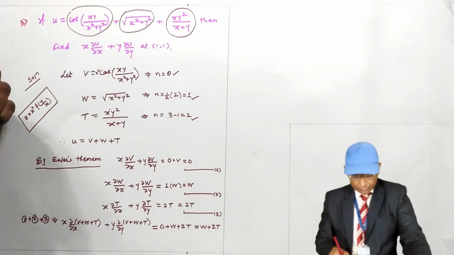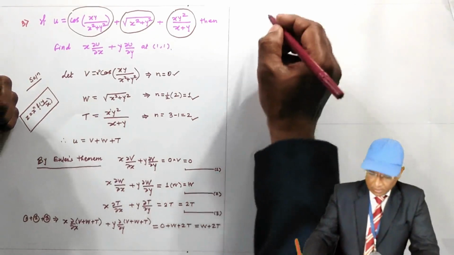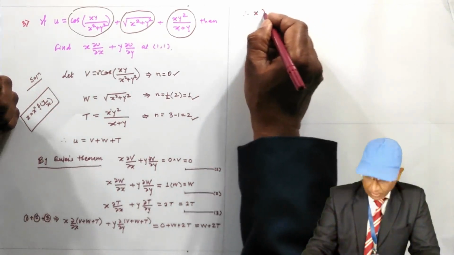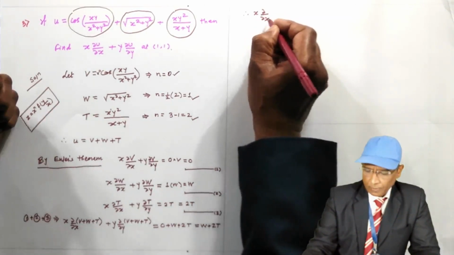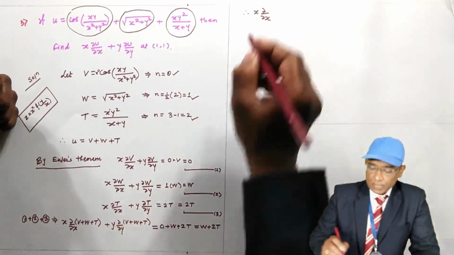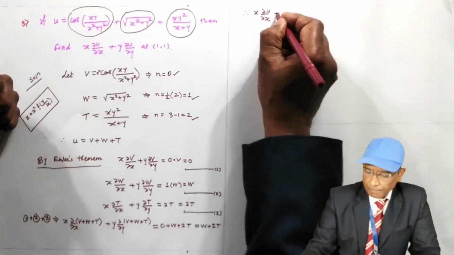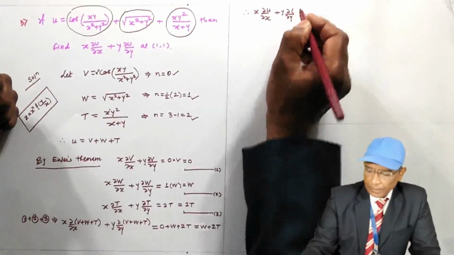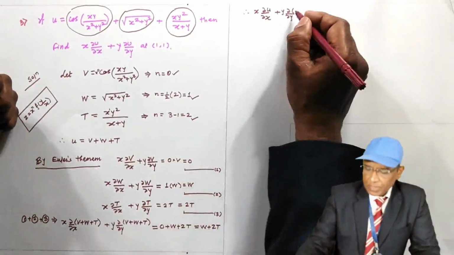Therefore X del X of V plus W plus T is what? U. Y del Y of, again, V plus W plus T is what?